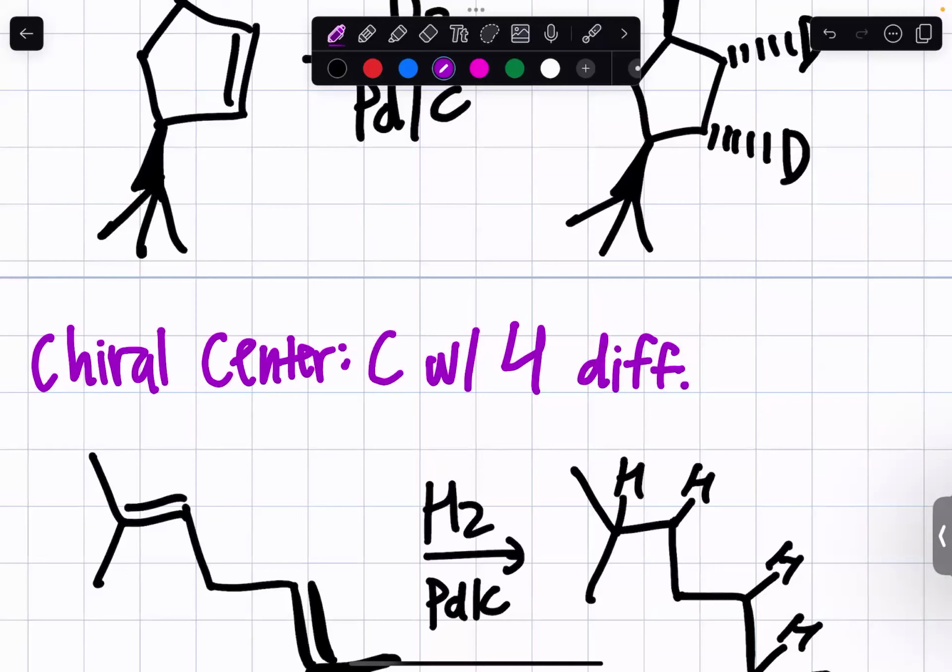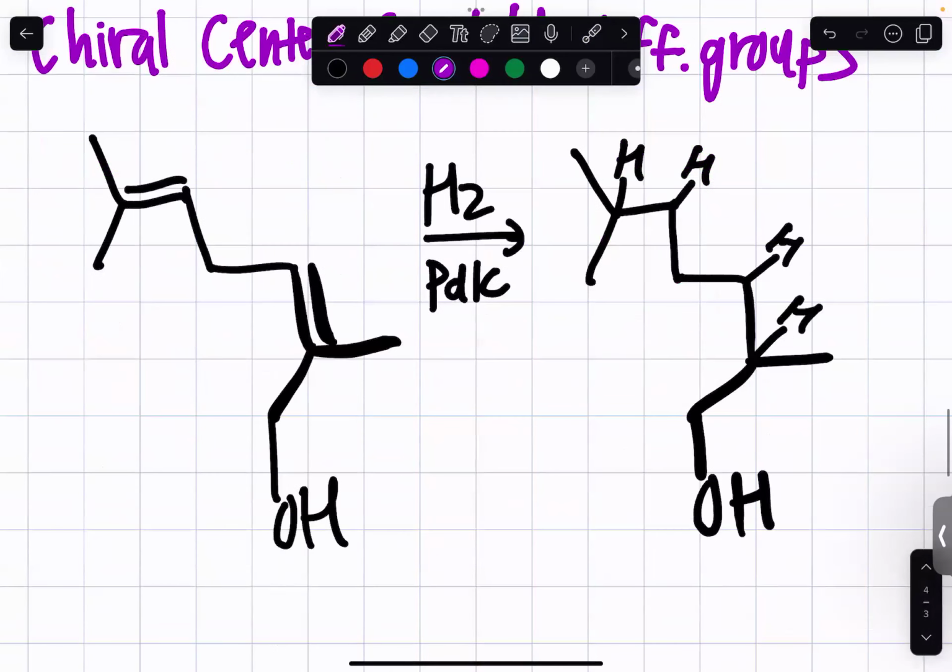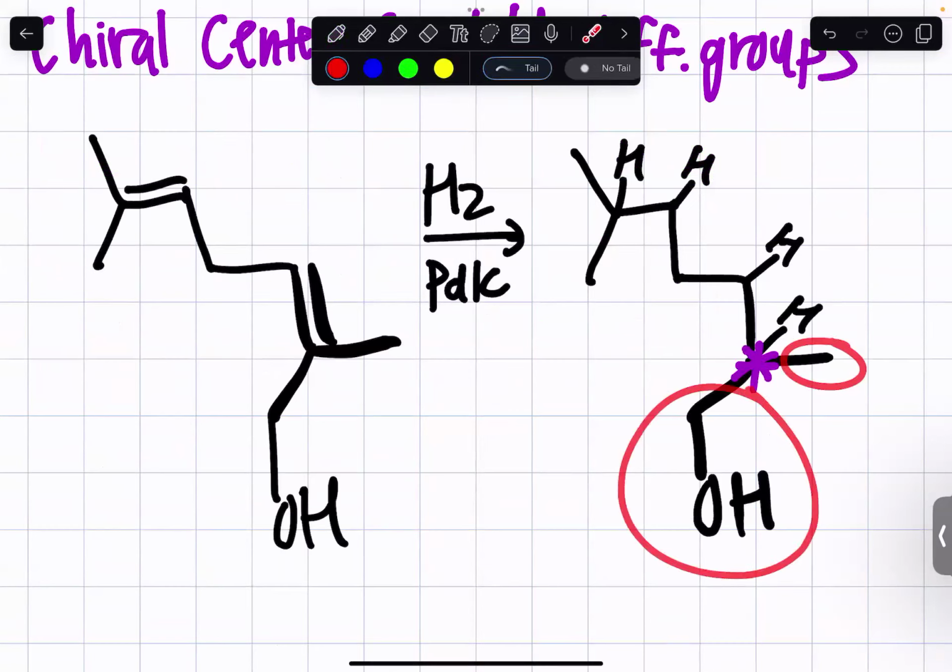Oh, yeah. Okay, different groups. The only carbon that has four different groups attached to it is this carbon right here. It has a methyl group, this CH2OH, this hydrogen, and this whole group right there. Those are four different groups attached to the carbon.